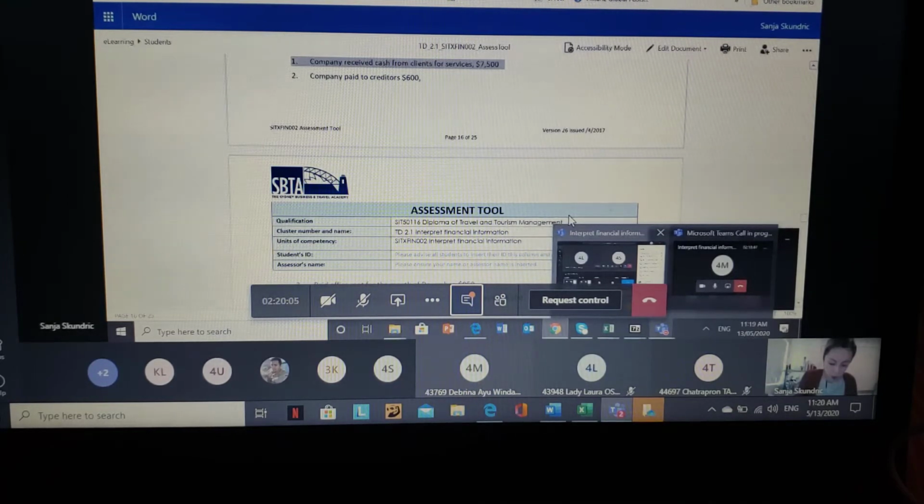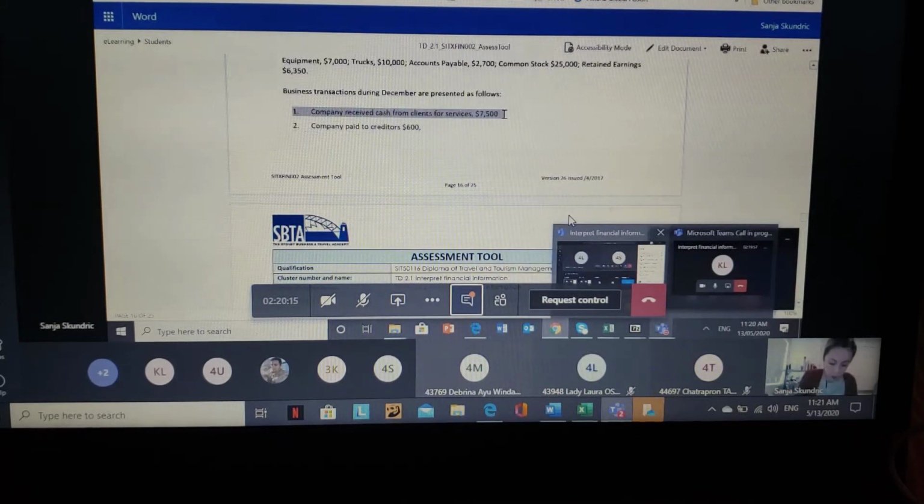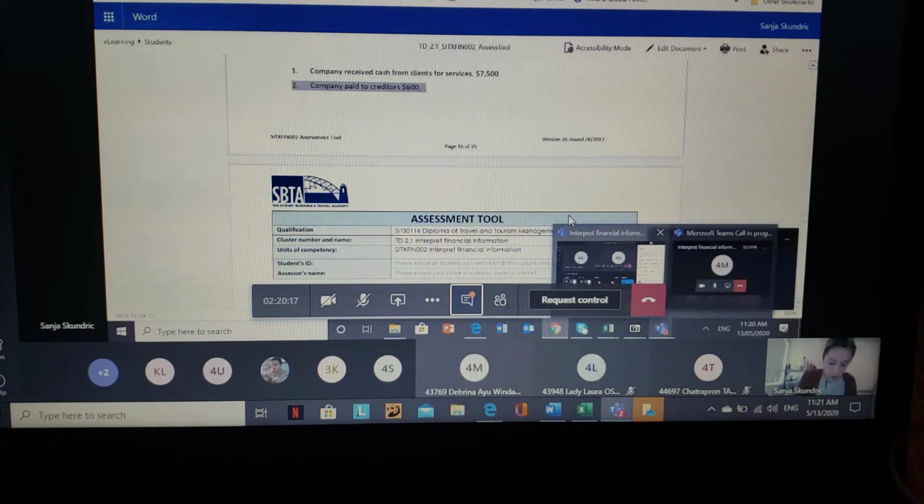Then we've paid 600, so I would add a liability, however it's been paid. It's not a liability, it's an expense. So this one has appeared on our income statement. I would not be including this one. So we can delete that one from the list.